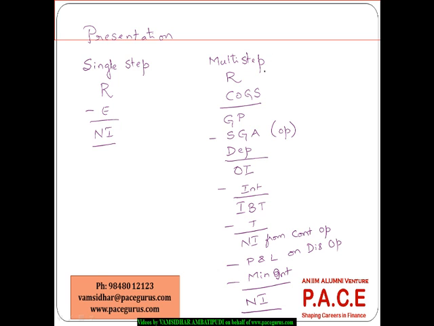So this is a more detailed way of presentation of the income statement, which is generally followed by many organizations, wherein we denote the gross profit, which is majorly relating to the production cost or service costs, which are directly producing the revenue.